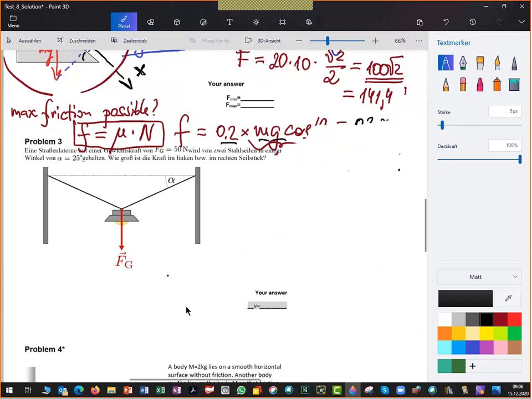So let us move to the next problem. Again, problem number 3 was one of the classical setups you may have on your test. Mostly those problems appear in the midterm exam, sometimes in the final exam as well.